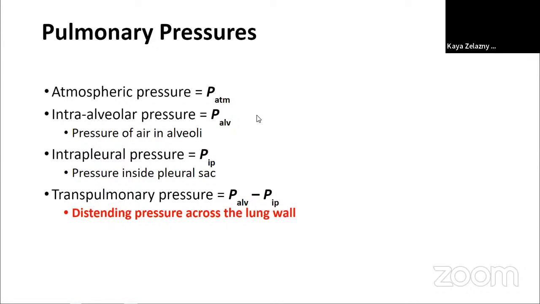And then we'll just get a number that's either positive or negative for the intraalveolar pressure. So you want to pay attention to whether you're getting a relative pressure, which is saying that these pressures are being compared to each other, or whether you're getting an absolute pressure, in which case you're going to get numbers like 760.